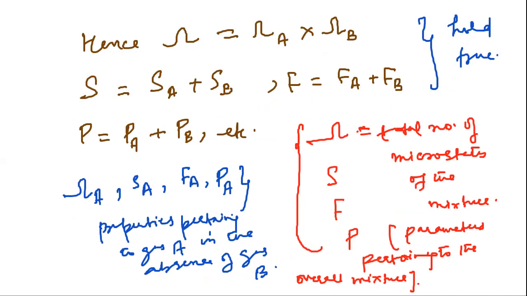Now I take gas B out, place only gas A. It has entropy sigma A. Then you remove gas A, place only gas B, that is sigma B. You will see sigma will be the product of these two, and the same will hold true for S, F, and P. So these equations hold.